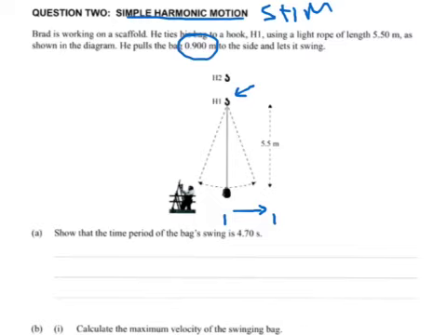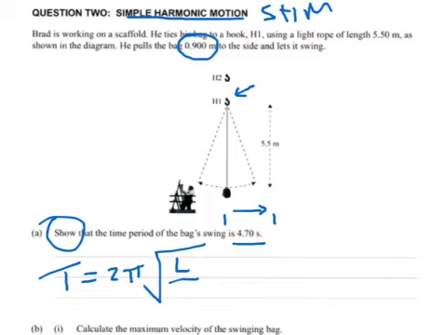A, show that the time period of the bag swing is 4.70 seconds. This is a show question, so it's likely that this 4.70 seconds will be used later on. We've got the formula for a pendulum, 2 pi square root L over g.